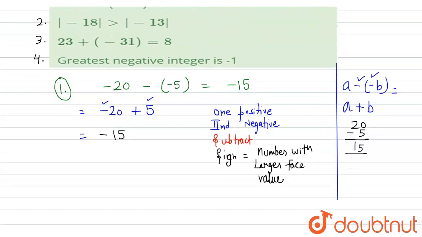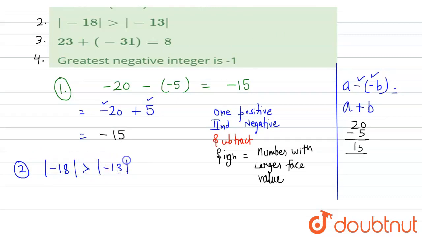Now look at option number 2. It says the absolute value of negative 18 is greater than the absolute value of negative 13.